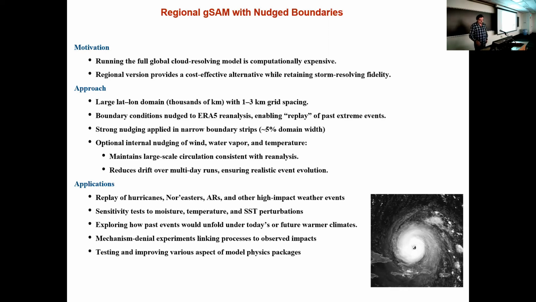The main purpose of this project is to simulate extreme events at high resolution of 1 to 3 kilometers or so, replay them, and then change environmental conditions, which can be due to climate change or something, and replay the same event to see how it would look in the future. That's the main motivation. Also, this model is very good for testing and improving various aspects of the model, because it's very cheap to run.